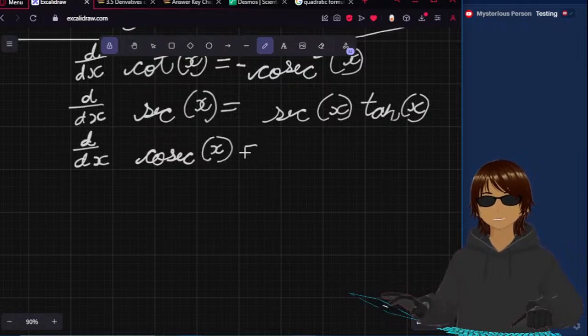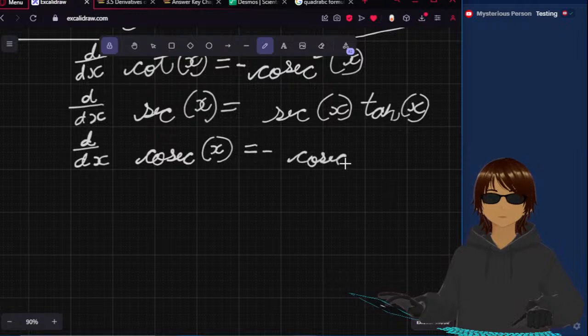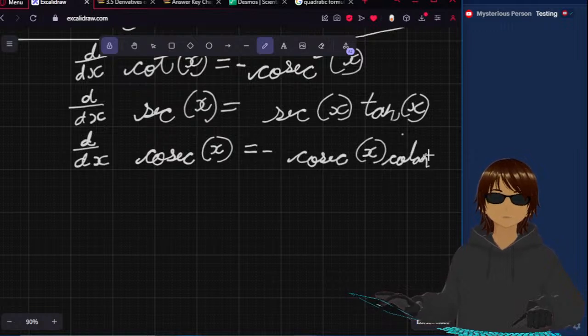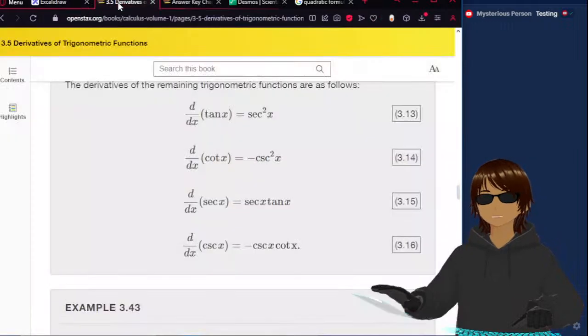Then cosecant is minus cosecant cotangent. Let's say.